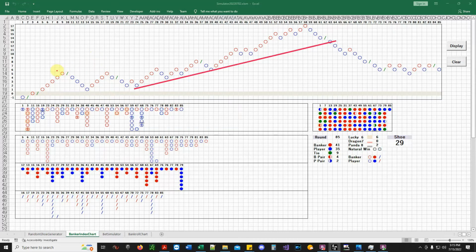Right here, banker can't seem to get through +5. Turns around, goes back down. Each time he gets up to +5, turns around, goes back down. Okay?